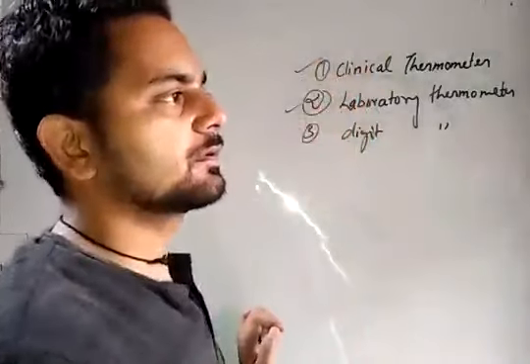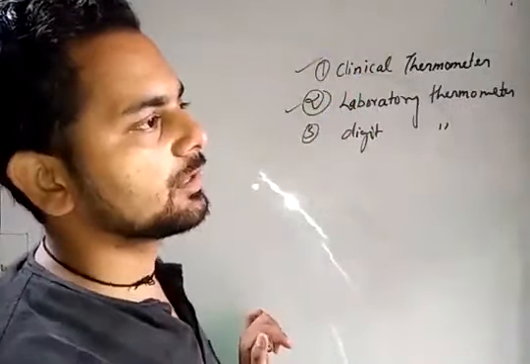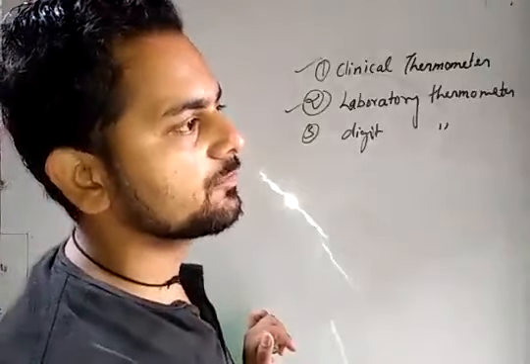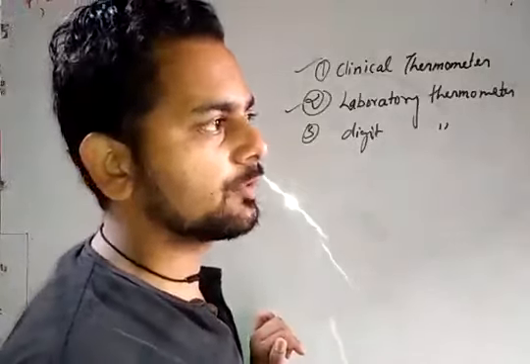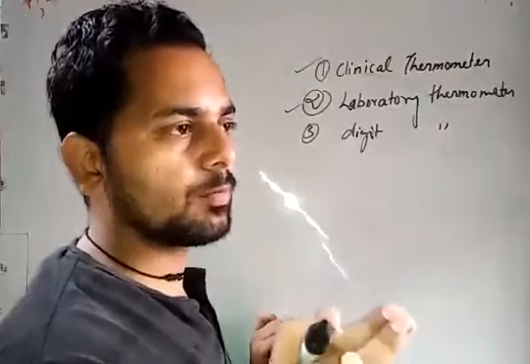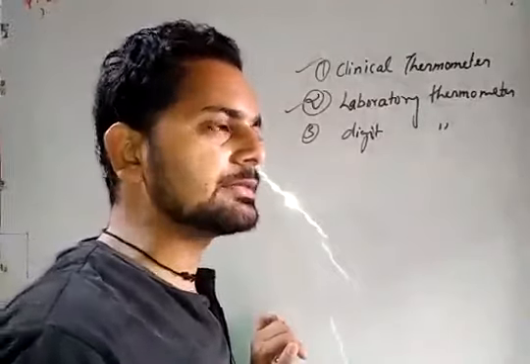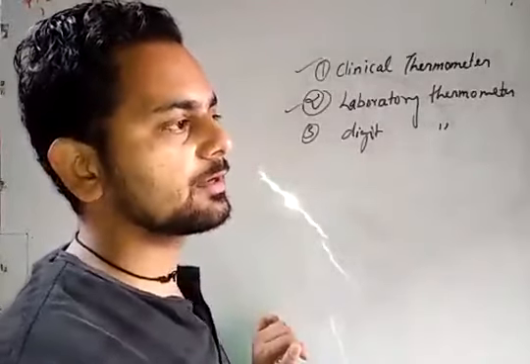The clinical and laboratory thermometers are filled with mercury, because mercury is a metal which stays liquid at room temperature and easily vaporizes after getting heat energy.